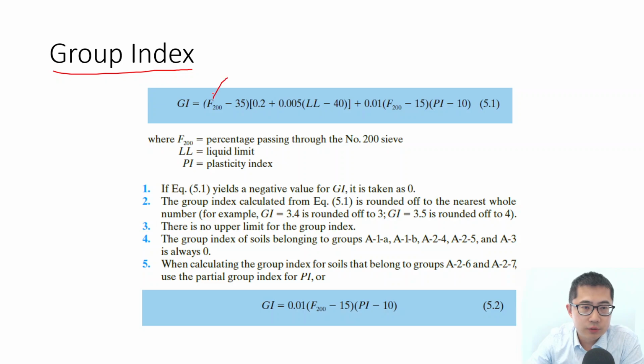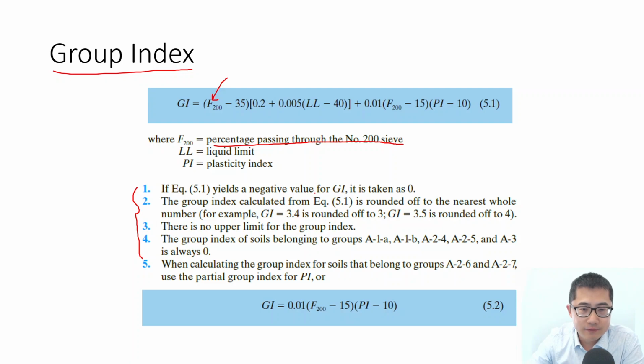Look at this equation and how we do that. This F200 over here is the percentage passing through the number 200 sieve. So if you have 20% or 30%, use that 20 or 30 in this equation. Liquid limit, PI, pretty standard. You have to read this pretty carefully.